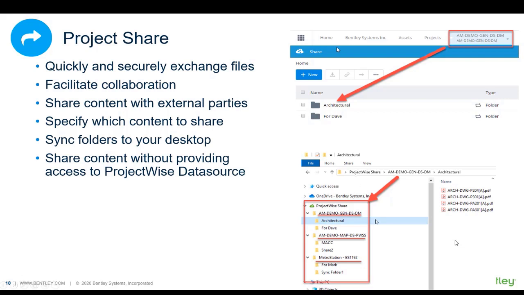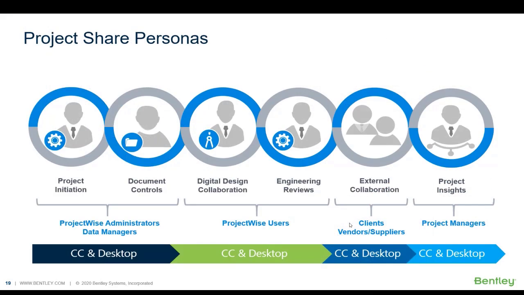In this case, I've got 3 different projects that you can see down below. I'm looking at a cutout of Windows Explorer here on my local desktop. There are 3 different projects there for which I have shared folders. In each project, I've shared 2 different folders, and those would be synced with the information in the cloud. It's a very useful tool to quickly, and in a simple way, provide access to documents and folders.